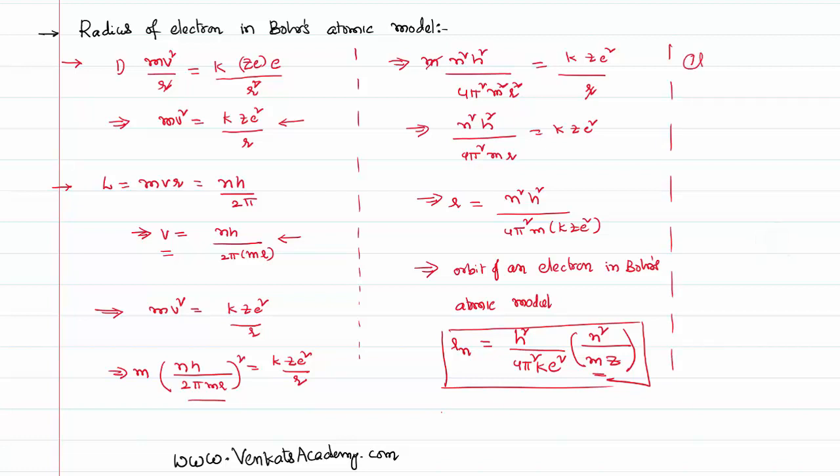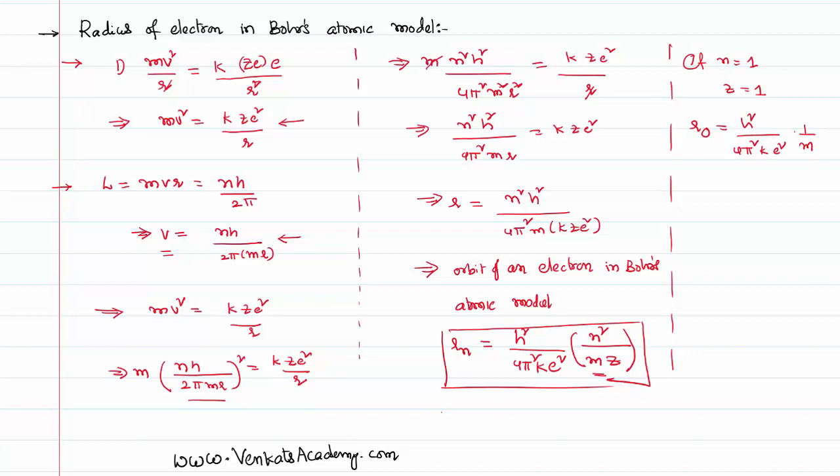If you put the condition that n equal to 1, principal quantum number equal to 1, and Z equal to 1, that is a hydrogen atom itself, R naught, the least radius that it can have, is h square by 4 pi square K e square m. These are all constant values.